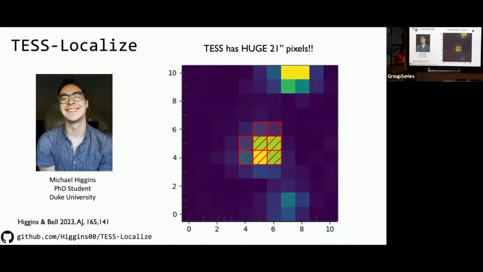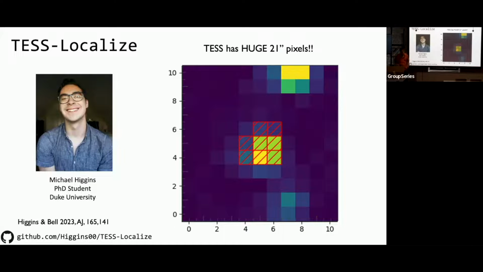So with a PhD student at Duke University who I started working with when he was an undergrad at UW, led a project developing a software tool that will allow you to precisely pinpoint the location of the signals that you measure from the light curve in the pixel data.